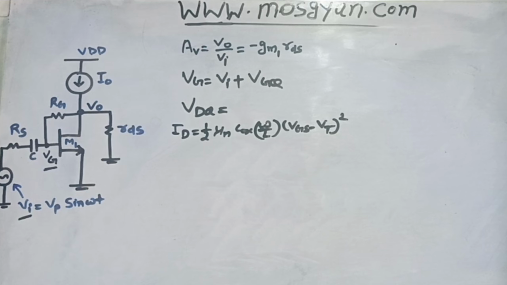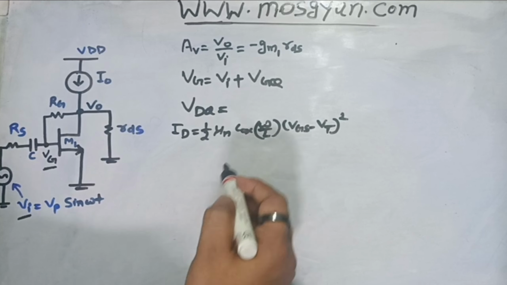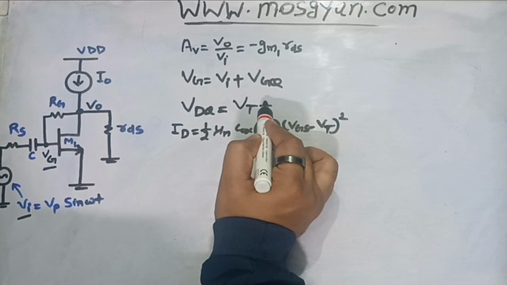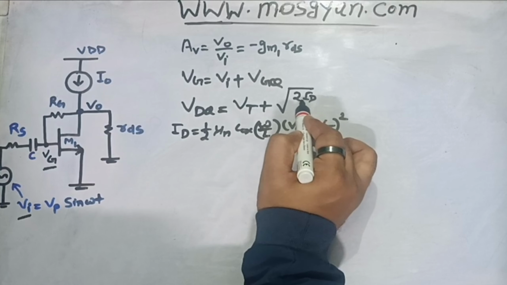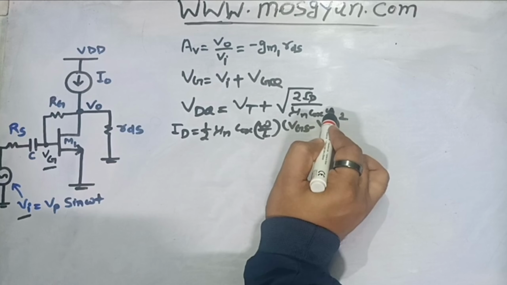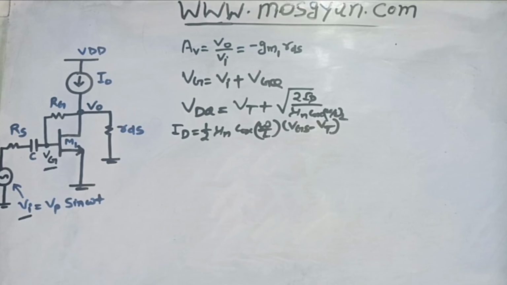So from here, if we calculate VdQ, which is actually equal to VGS or VGQ, the value of the quiescent potential at drain will be equal to Vt plus root of 2Id upon mu n Cox W by L.